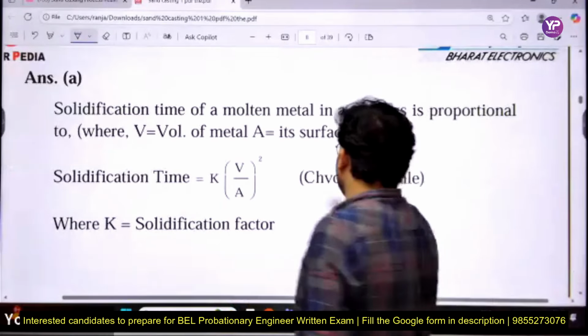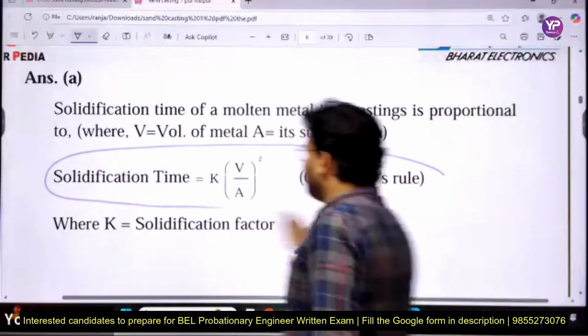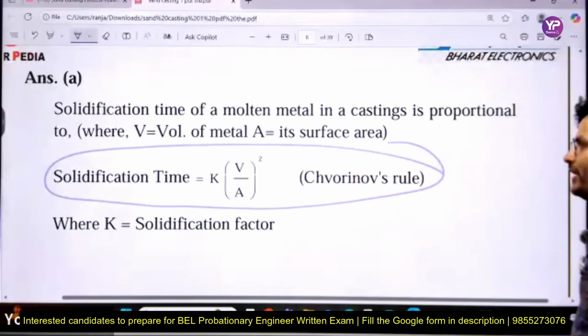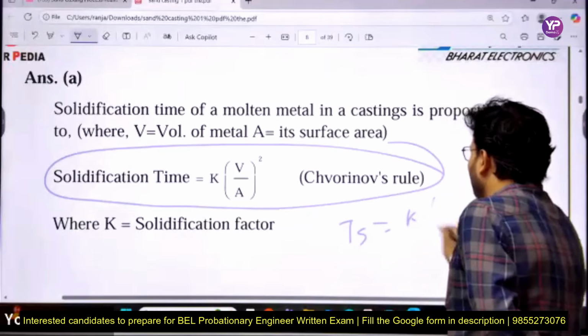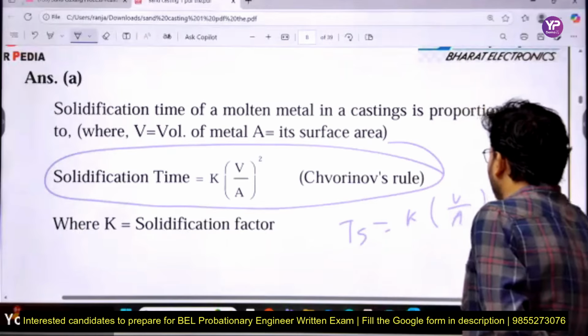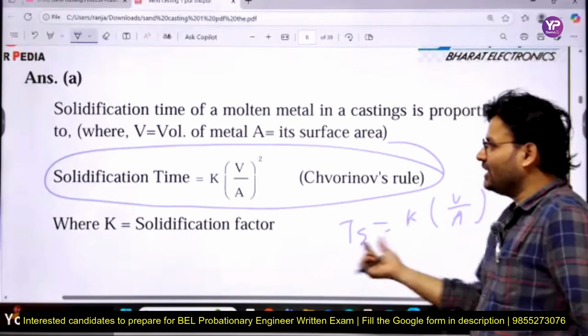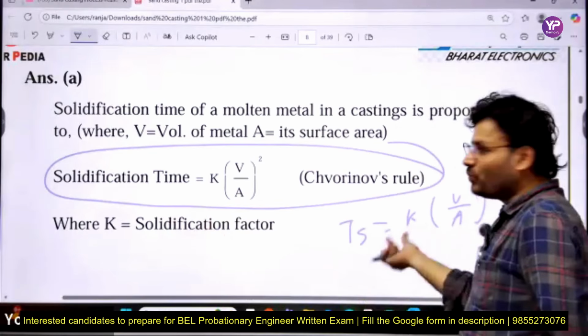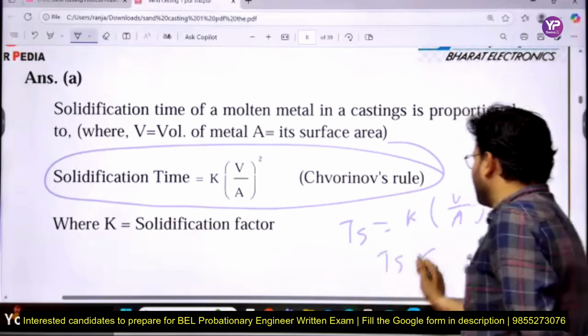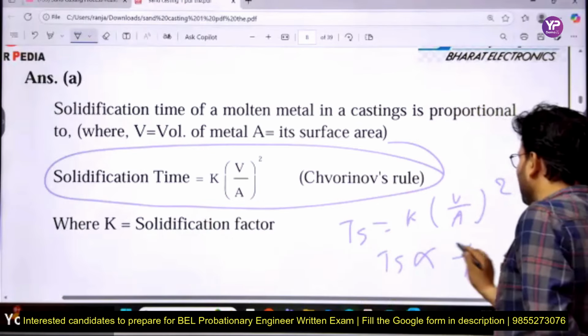Solidification time is given by K into (V upon A) whole squared. K is a constant, basically the solidification factor, whose value will be given. Once I remove the constant, can I say it is proportional to (V/A) squared?